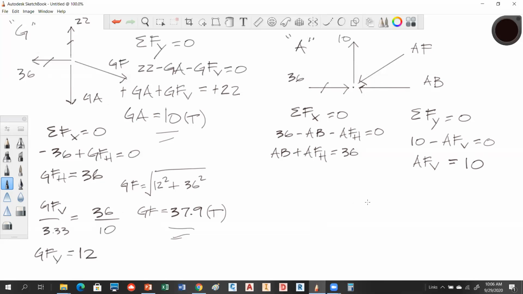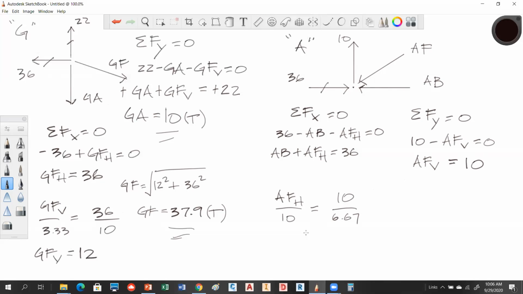So we can write that proportion. AF horizontal is to 10 feet as 10 kips is to a vertical distance of 6.67. Remember, this was 6.67, so go back to your initial diagram and look at it.